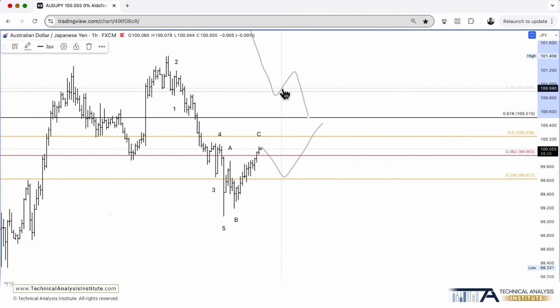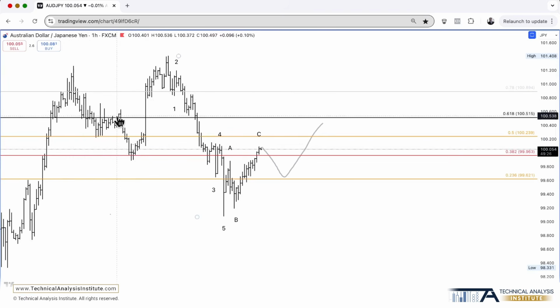And what is a zigzag? We said a zigzag is a corrective structure. So if there is a correction moving to the downside, it means that the trend is to the upside. And that is exactly what happened here. The trend was up because the correction was down, and prices continue moving higher above the previous high.